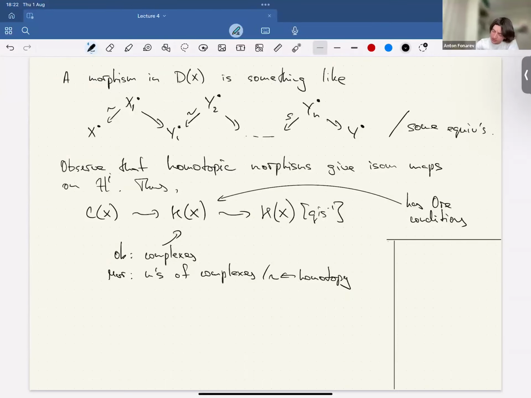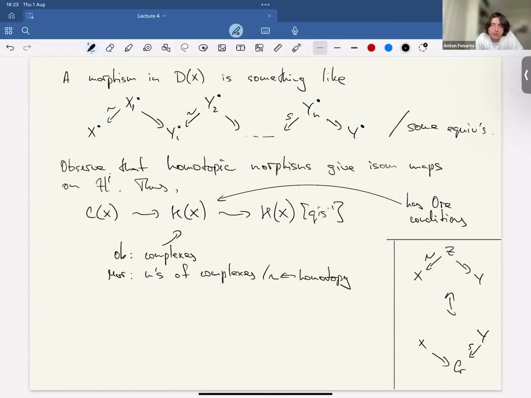One condition is that you want to be able to replace a commutative diagram of this form, where this is a quasi-isomorphism, by a commutative diagram where this is an actual morphism into some G, and then a quasi-isomorphism going from Y. So you need to be able to switch between these kinds of terms.